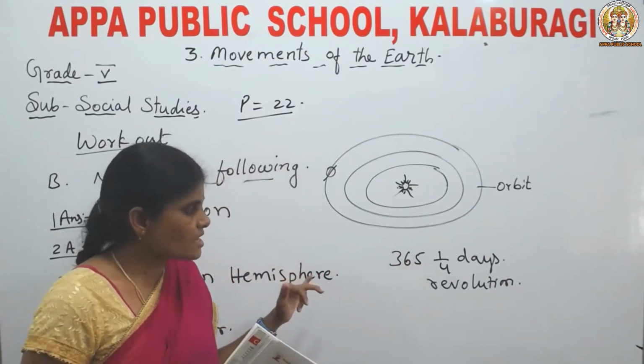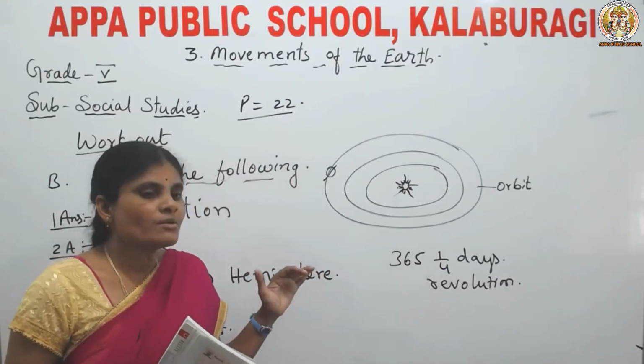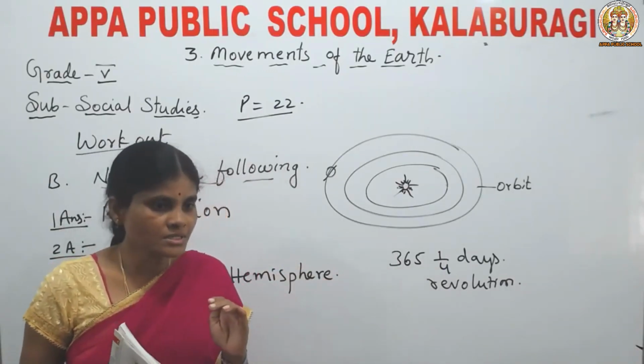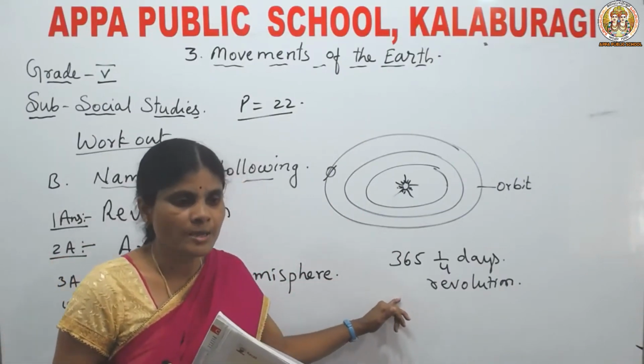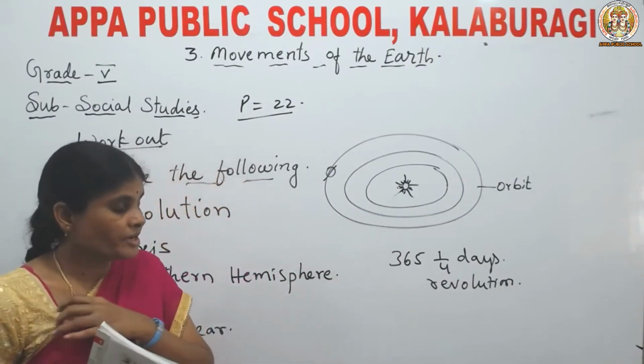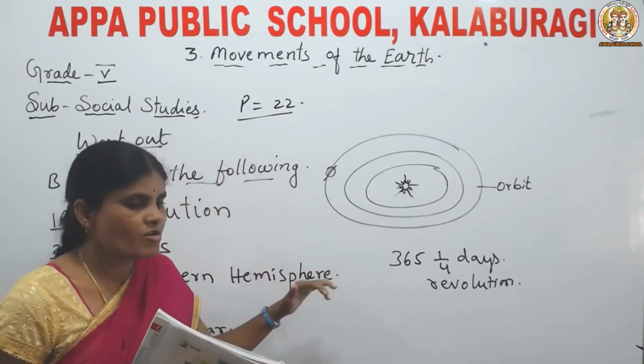The 6 hours which are saved every year will become 24 hours after 4 years. The 24 hours which are saved will be added in the month of February.